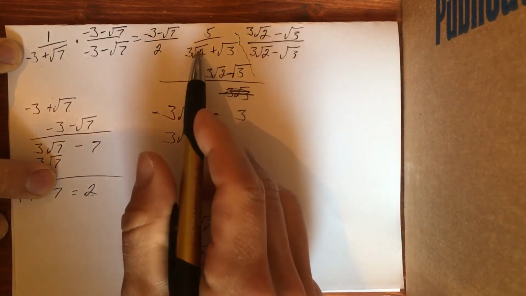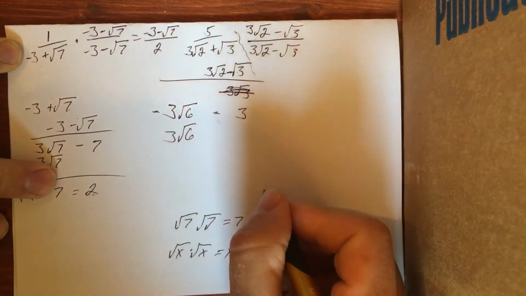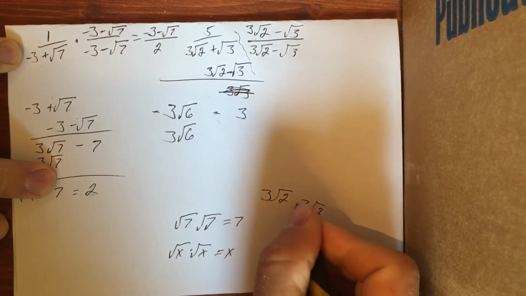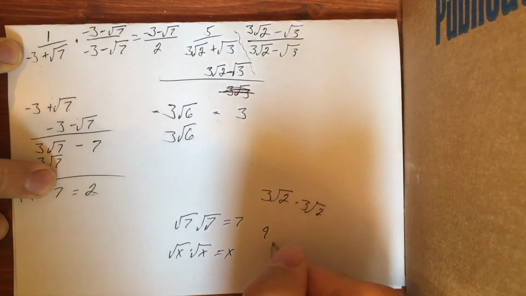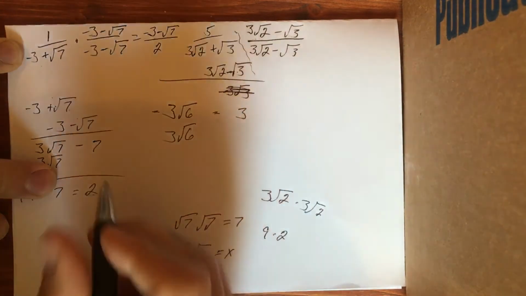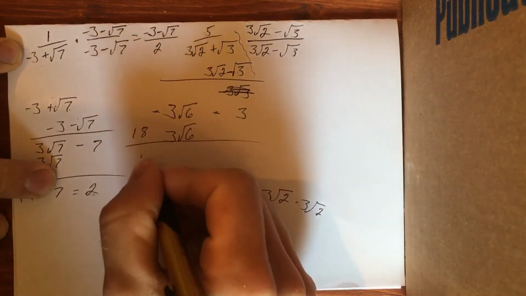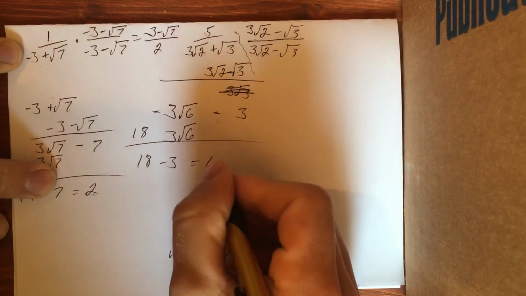And now 3 square root of 2 times 3 the square root of 2: 3 times 3 is 9, and square root of 2 times square root of 2 is just plain 2. So 9 times 2 equals 18. So 18, these two cancel each other out, minus 3, which equals 15.